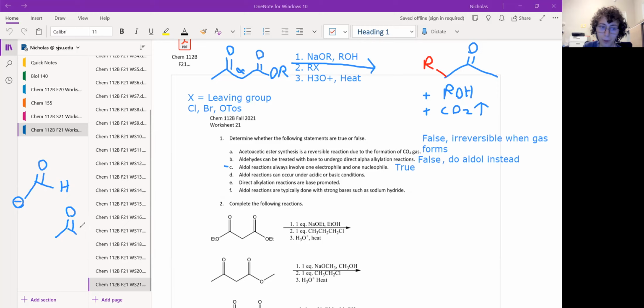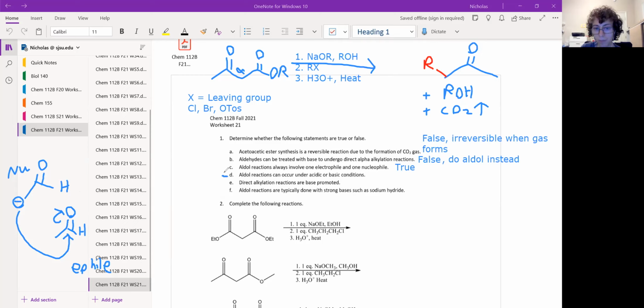And then the other component of the reaction would be another aldehyde. And the enolate will attack the carbonyl carbon. And we have one nucleophile because we have the enolate, we have one electrophile being attacked. So, yeah, that's true because we have a nucleophile and an electrophile.